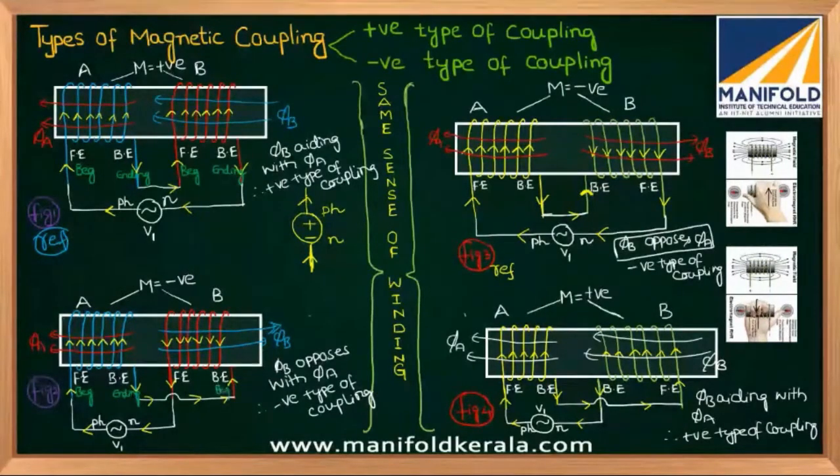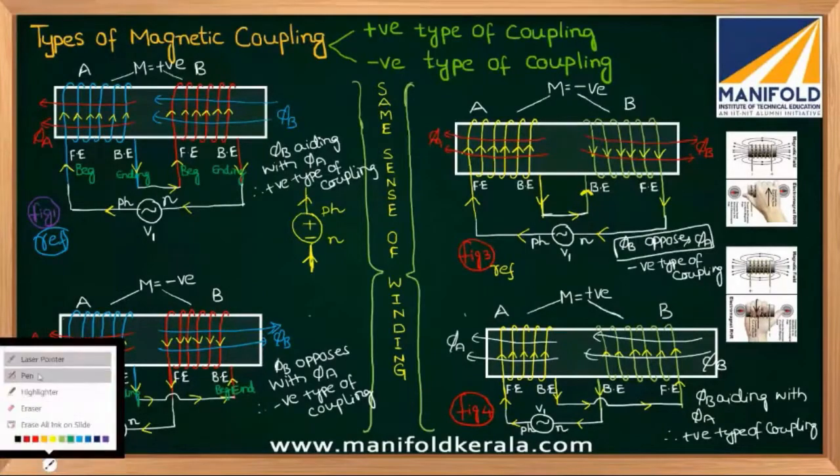Beginning end. But here the condition is violated. Yes or no? Yes, because if you observe clearly, guys, here back end you are taking as ending end, but here back end is becoming a beginning end. That is not correct. Okay, so please be careful.